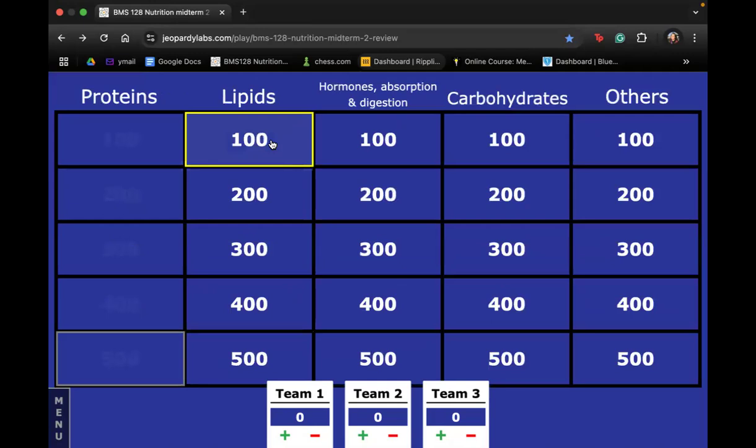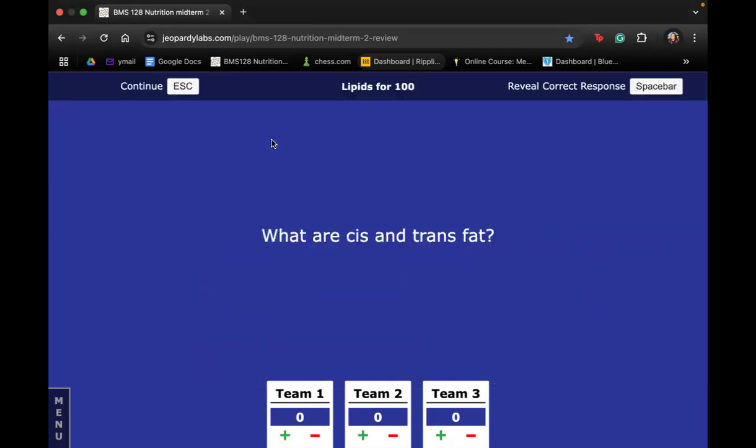Okay, for lipids. What are cis and trans fats? Cis fatty acids have double bonds on the same side, and trans fatty acids have bonds on opposite sides.